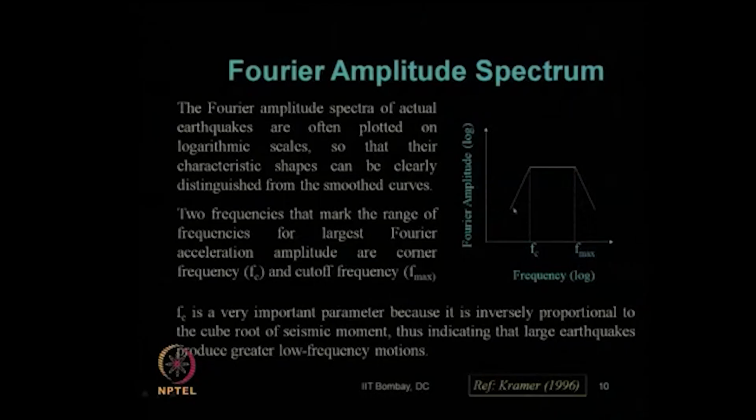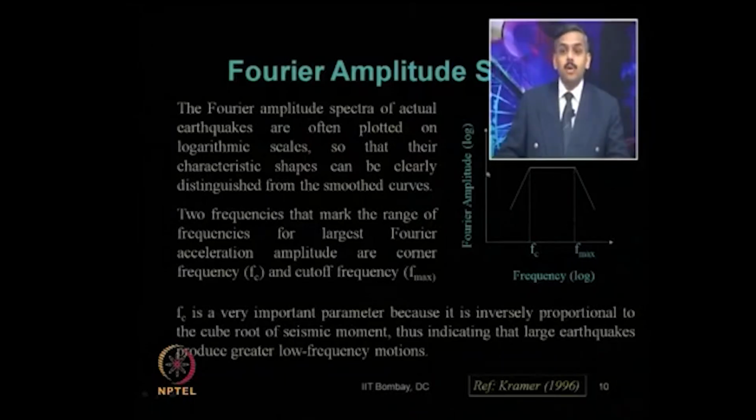amplitude. And what is the f max or cutoff frequency? It is nothing but the maximum value of the frequency at which the maximum value of the earthquake or Fourier amplitude sustains. So, this is the range over which the maximum value of your Fourier amplitude spectra will continue.